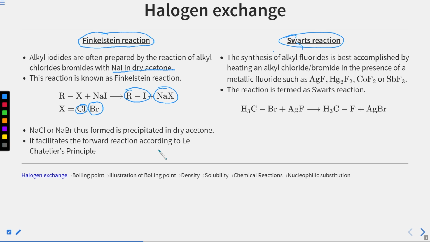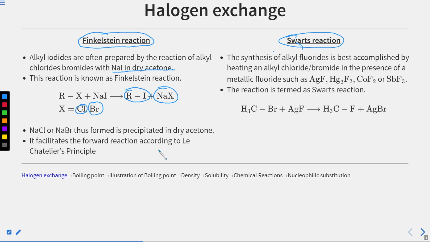Now as soon as this reaction starts and we get the formation of sodium chloride and sodium bromide, they start to precipitate and get out of the solution mixture where the reaction was happening.